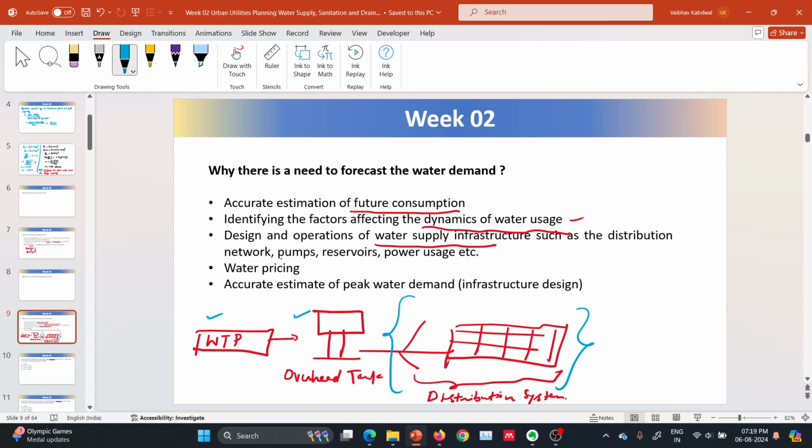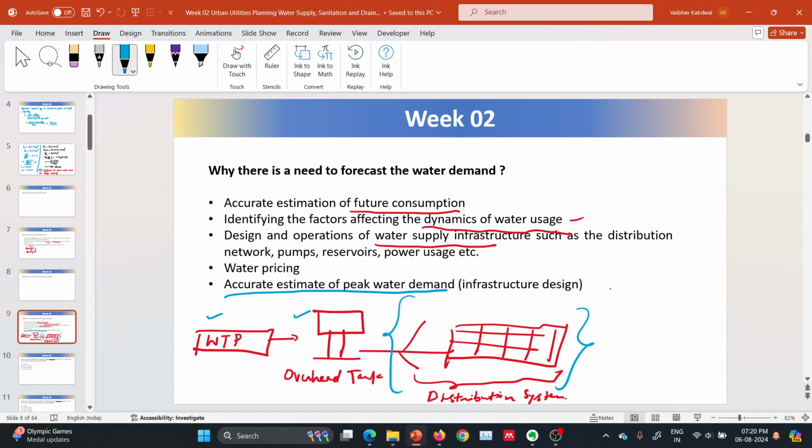Because of this, we need to have water demand, and the state has the responsibility to provide the water. Because of pricing also, at what price the water should be sold. So we need to have the idea of water demand and an accurate estimate of peak water demand. We also need peak water demand, because sometimes in summers we want peak flow.